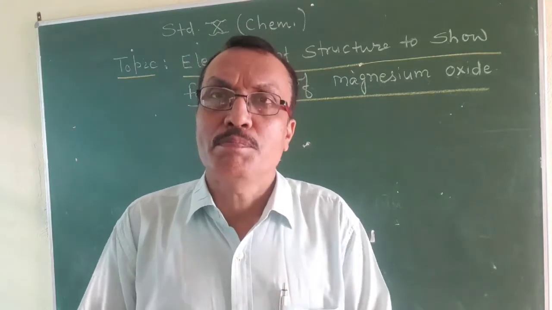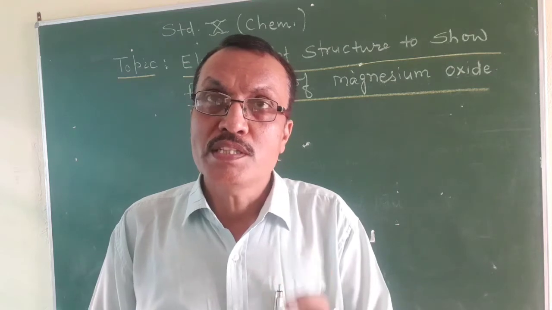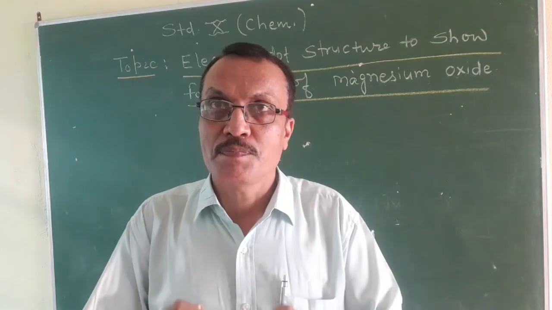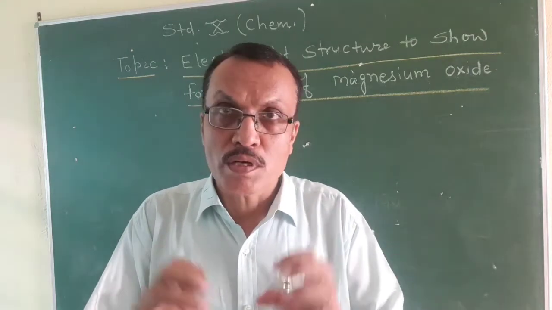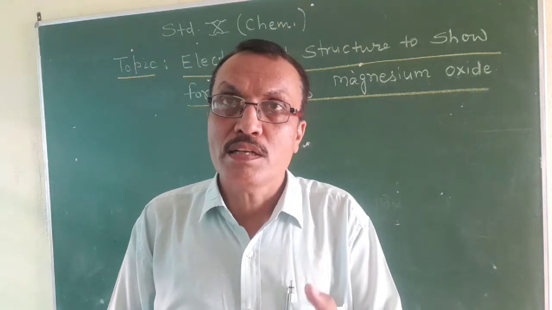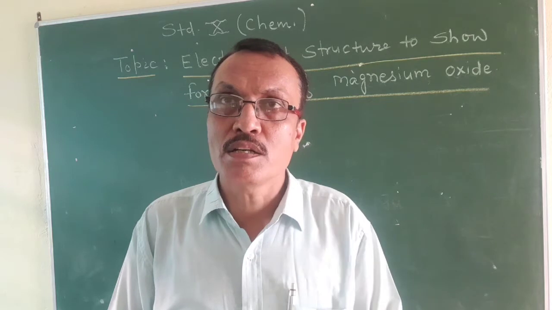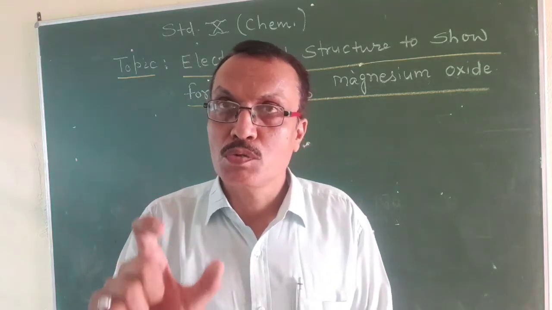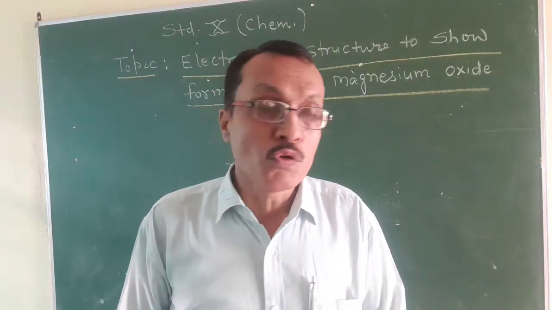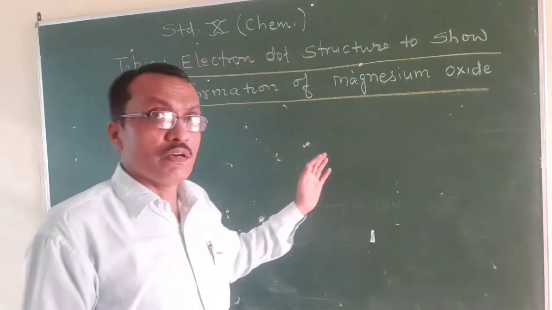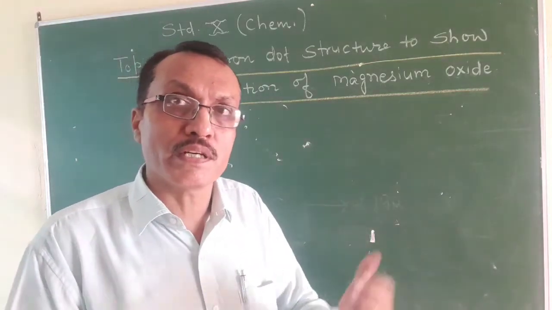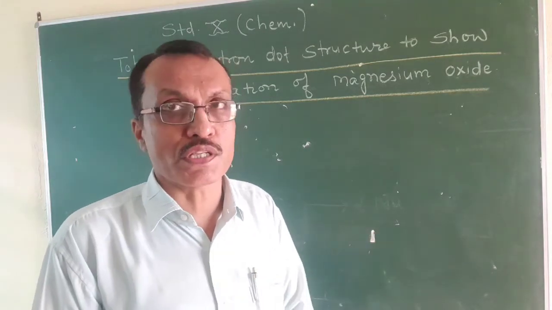So in ionic compounds there are two oppositely charged ions, and between them works a strong electrostatic force of attraction, which holds the atoms together in that compound or molecule. So we have to show here how magnesium oxide is formed by the electron transfer method.